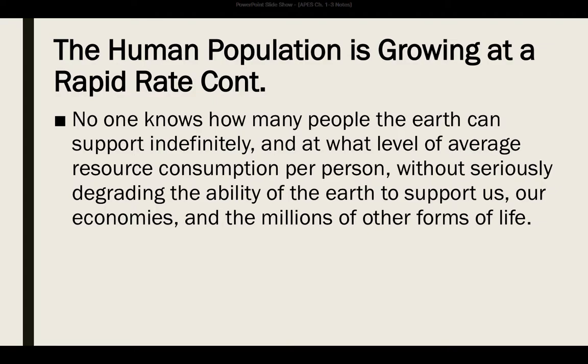No one knows how many people the Earth can support indefinitely, and at what level of average resource consumption per person, without seriously degrading the ability of the Earth to support us, our economies, and the millions of other forms of life. However, our expanding total and per capita ecological footprints are disturbing warning signs.